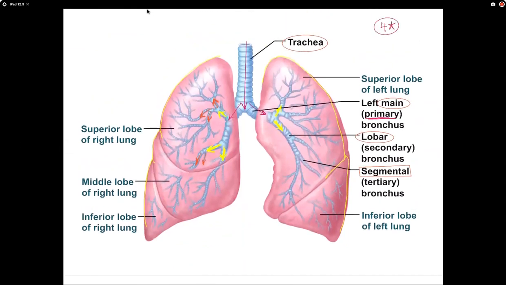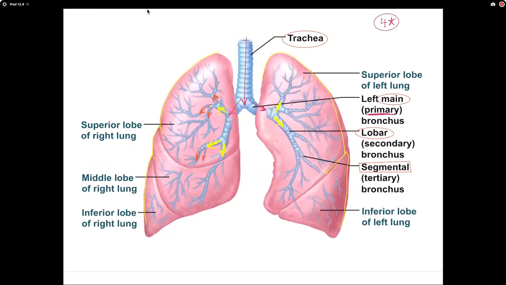Another 4 stars diagram is going to be showing the lower respiratory tract, showing the trachea, the main bronchi, the secondary bronchi, and the tertiary bronchi. So, main bronchi or primary bronchi, those are the right and left primary bronchi on here.